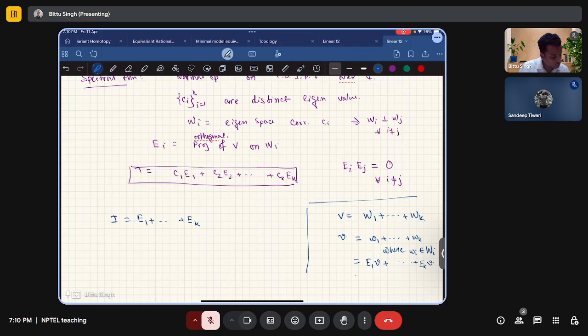So from here it is clear that identity applied on V is the same as this. So the identity can be written as E1 up to Ek.